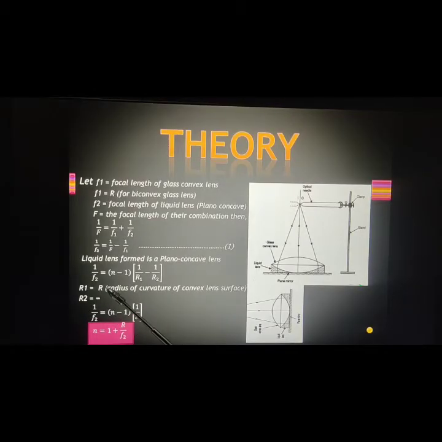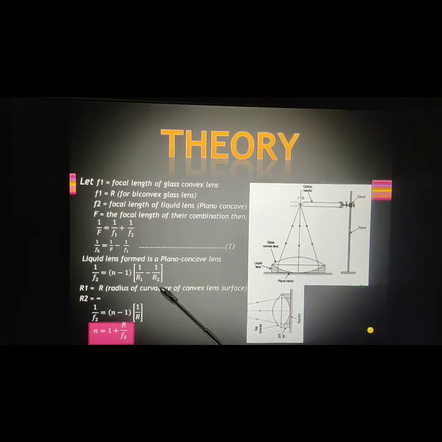So when we substitute R1 as R and R2 as infinity, this formula comes down to this, and because 1 over infinity is equal to 0, and rearranging the terms, you get n is equal to 1 plus R by F2.